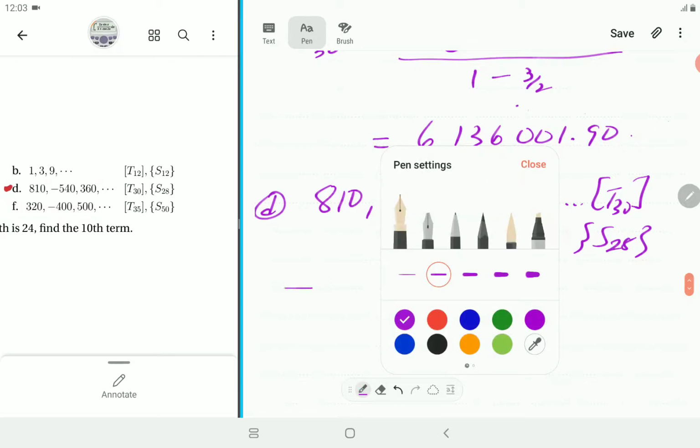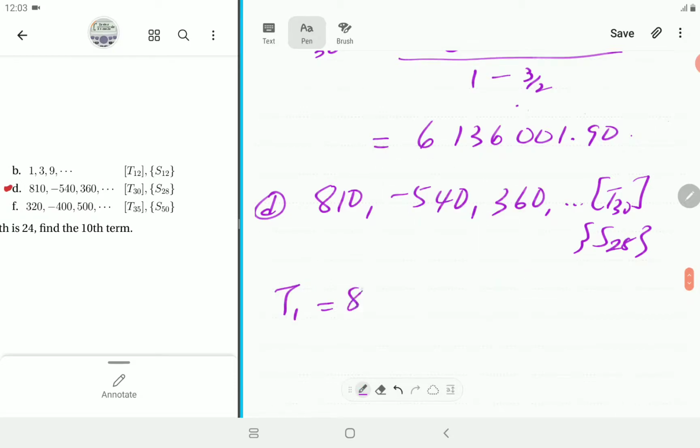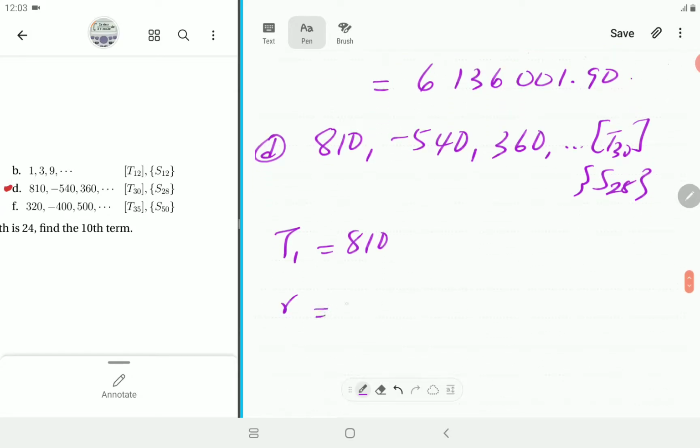So again, T1 is simply 810, and then r is going to be negative 540 over 810. So it's just 54 over 81. 27 goes into it, so this is negative 2/3.